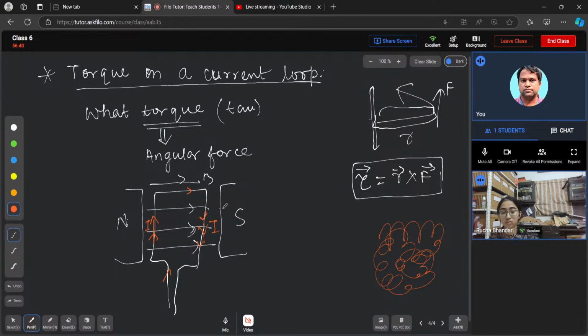As the current is moving down on the right side, just now we read one concept: if a conductor is kept inside a magnetic field, it will experience a force, I L cross B. Basically any cross product means a perpendicular direction, right?